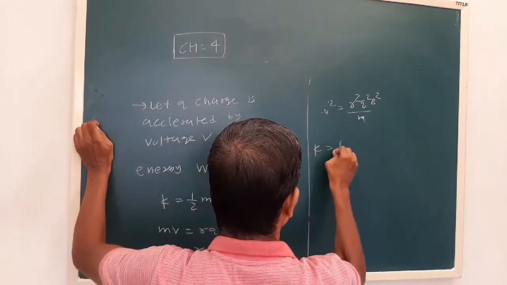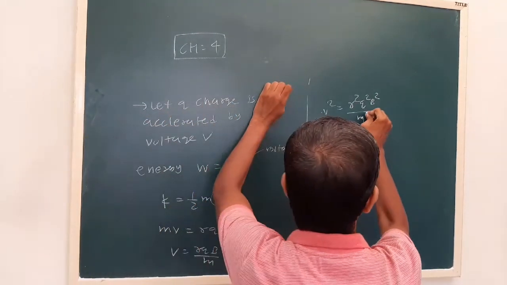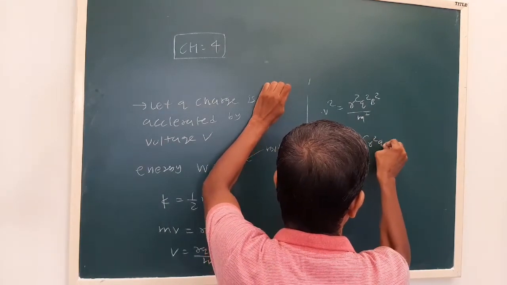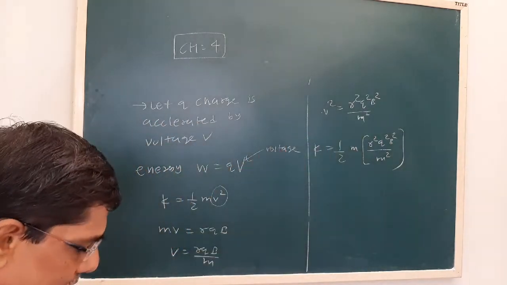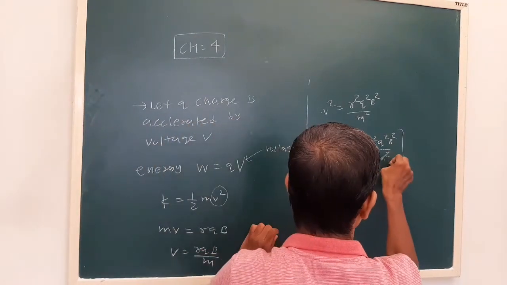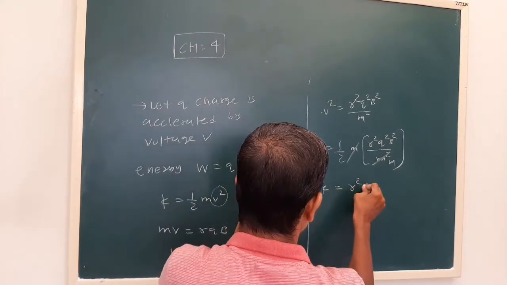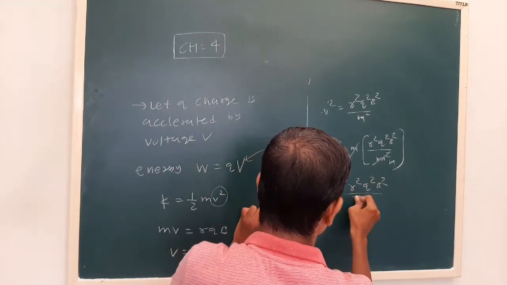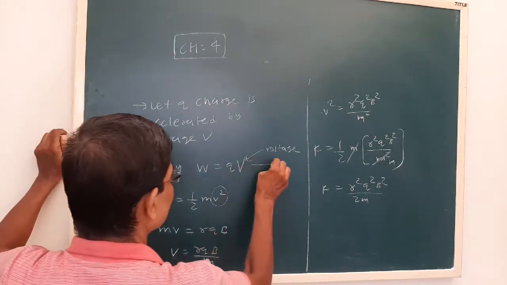The kinetic energy is 1 by 2 m. See v square will be r square q square B square by m square. Okay, now this m will get cancelled. Kinetic energy is r square q square B square by 2m. Now we have seen W is equal to QV also is the energy.